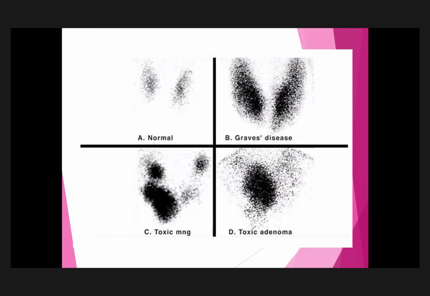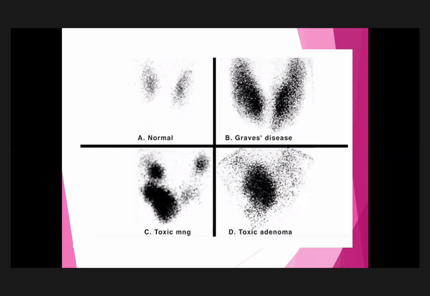It's also scintigraphy. In the lower pictures, scintigraphy gives us the opportunity to understand that maybe it's a nodule which produces too much hormone. It's a toxic adenoma or toxic MNG, multinodular goiter. Thyrotoxicosis is a syndrome with various reasons, but Graves' disease is the most common cause of thyrotoxicosis.